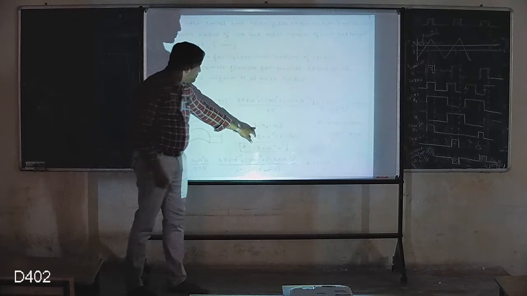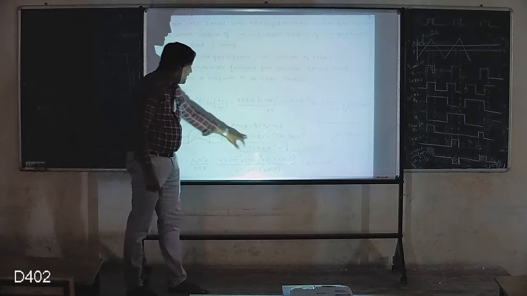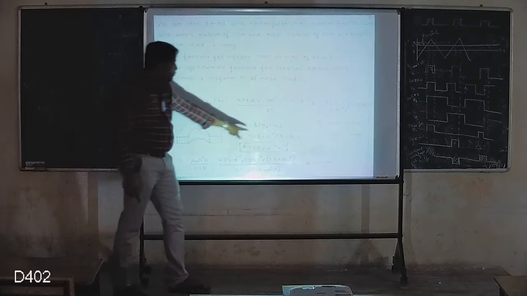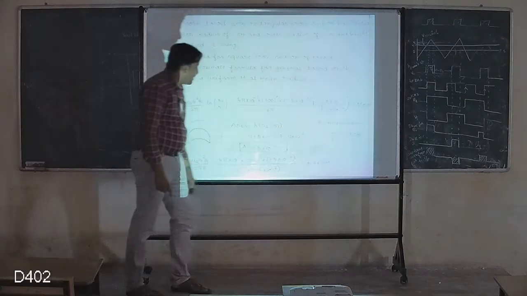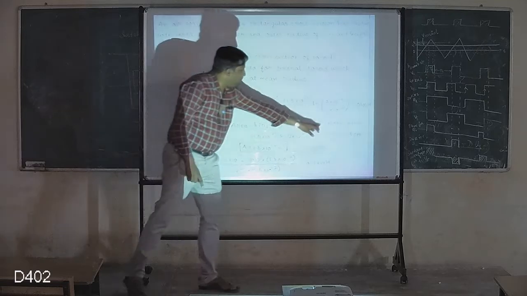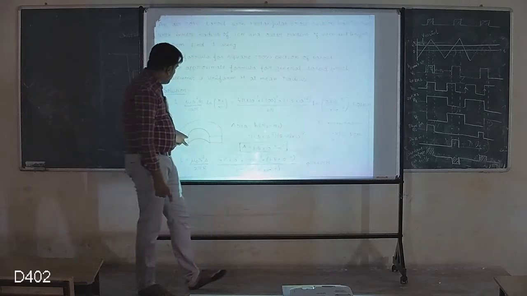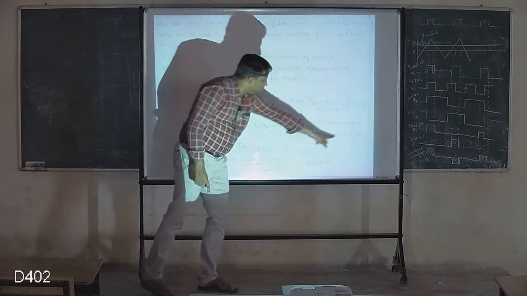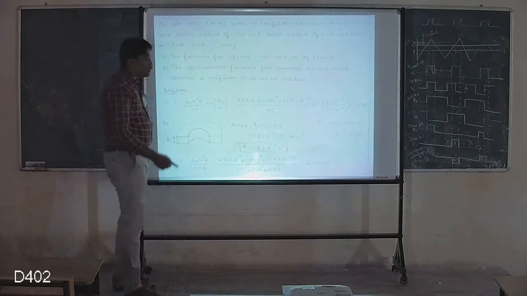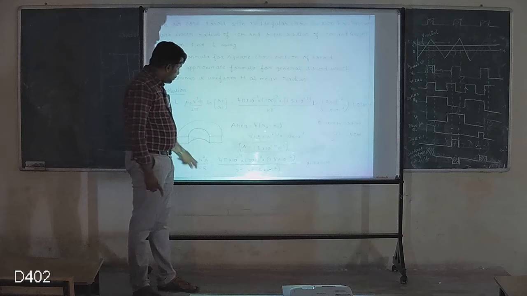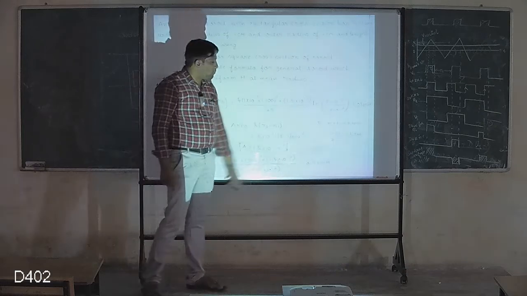In meters, it becomes 1.5 into 10 to the power of minus 2 times (2 minus 1) into 10 to the power of minus 2, which is 1.5 into 10 to the power of minus 4. R is the mean radius: one is 1 centimeter, the other is 2 centimeter. If I take the average, it happens to be 1.5 centimeter. So R is known, area is known, and hence substituting all those values here, we will get 0.98.